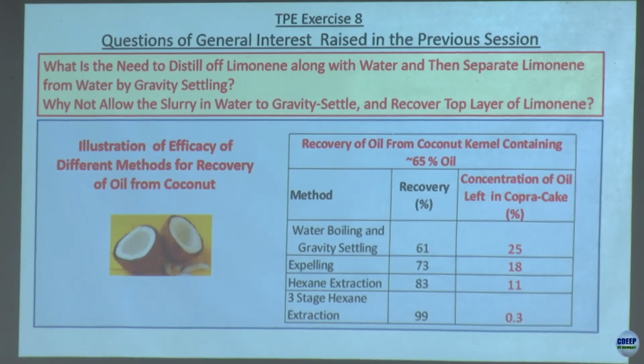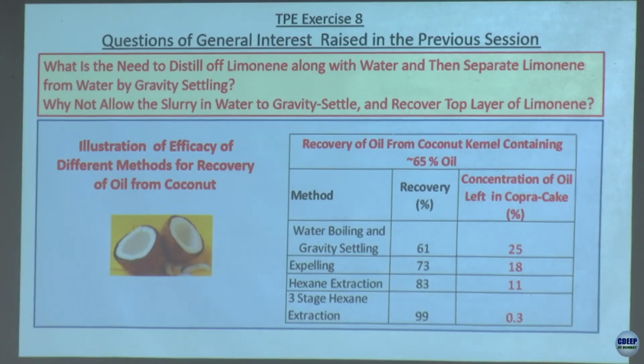But all these other methods are useful only when the essential oil concentration is much higher. Fine. The problem with hexane extraction, I just mentioned, there are 2 or 3 problems. One problem is that desolventizing the product that you get requires a high temperature operation.